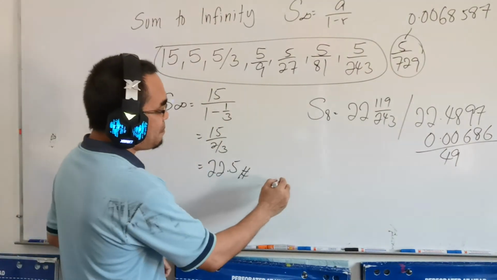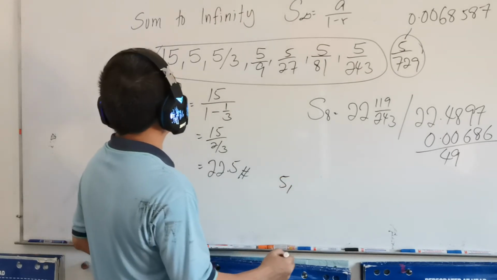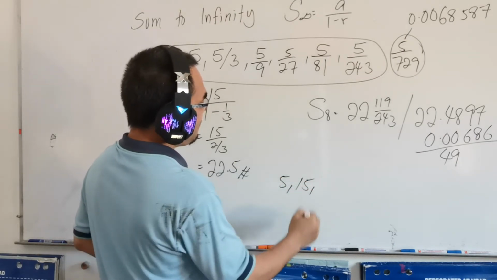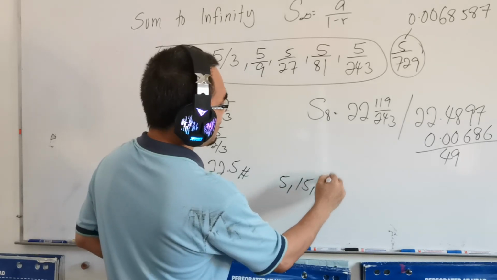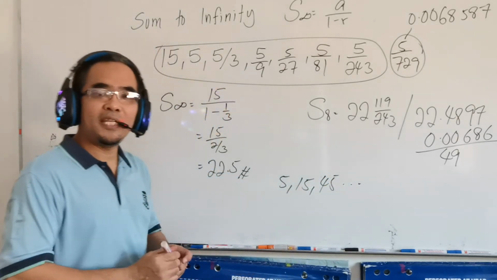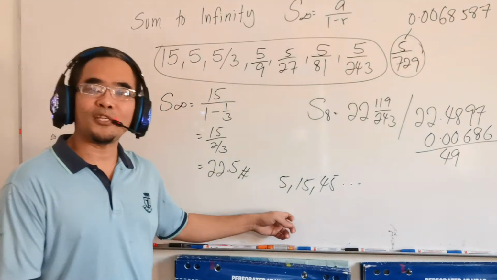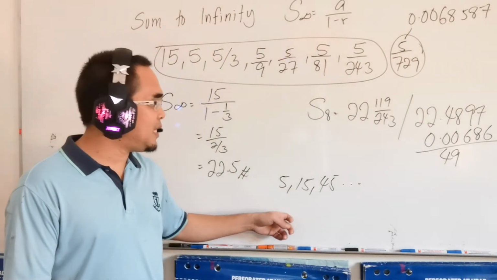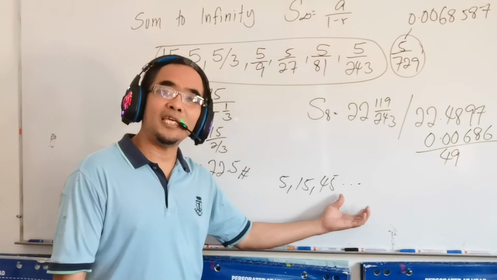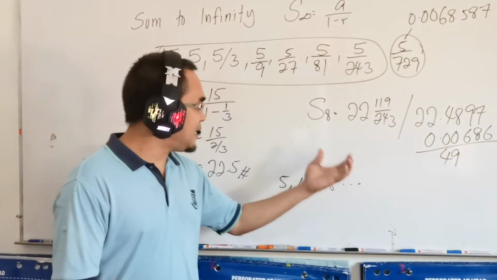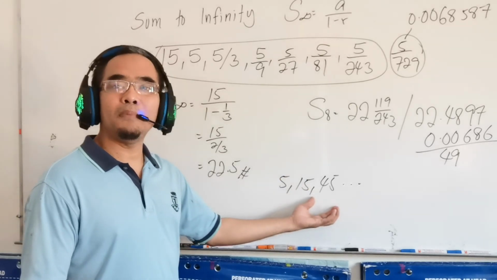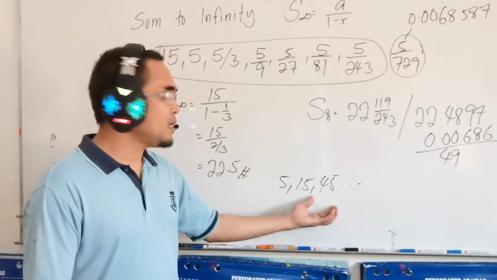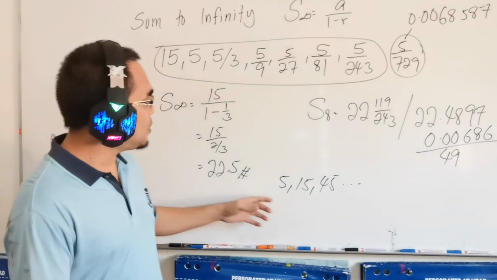Okay, so another thing about sum to infinity: they will not ask you to find the sum to infinity if, let's say, the case is 5, 15, 45 and so on. In this situation there is no such thing as sum to infinity, because the numbers after this are very big, so the sum will keep getting bigger.